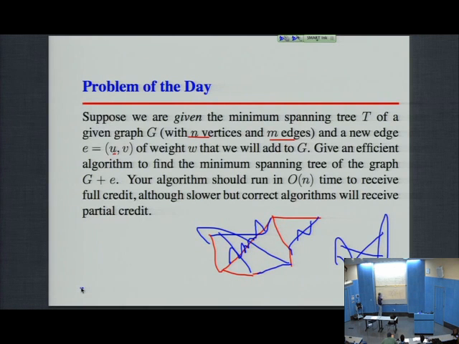Does everybody see that? That's what you're suggesting. And that obviously is not right, because in fact the cheapest weight edge might very well have been this guy. Right? Yes? I was going to say, to check a total of m minus n edges, the remaining ones that are there. Check all the edges.